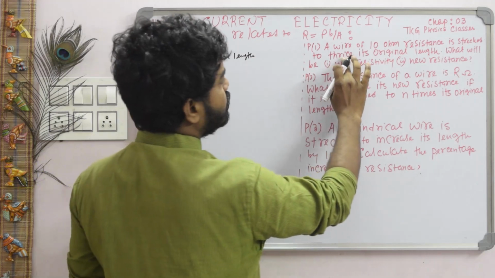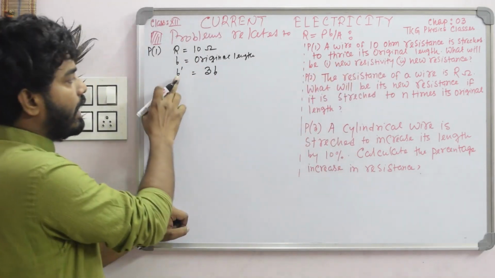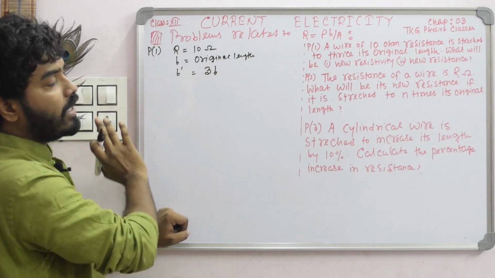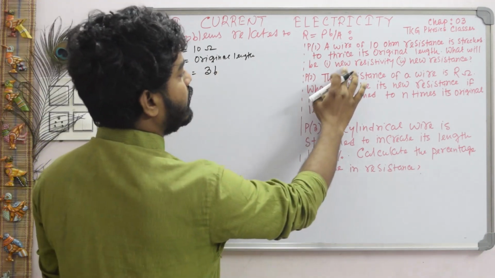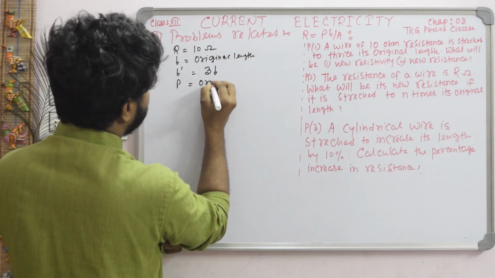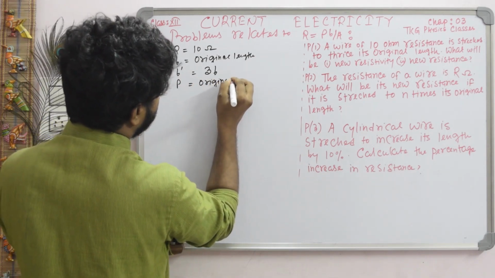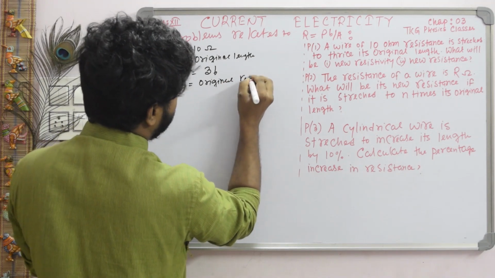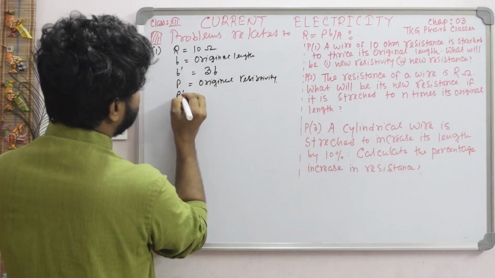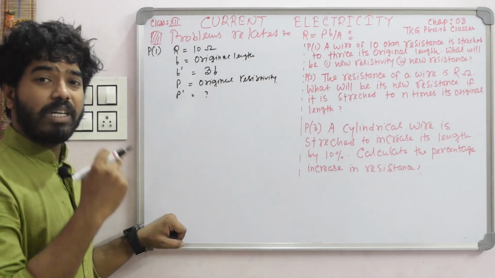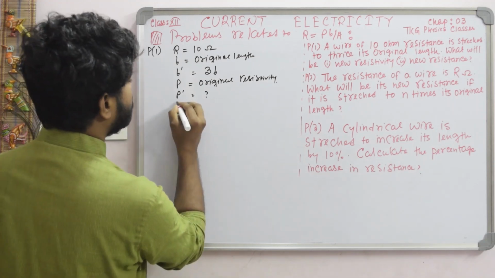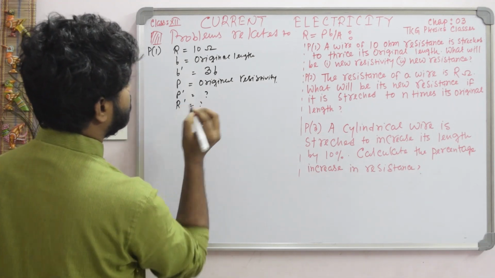L dash represents the final length, so L dash becomes 3 into L. Now you have to find the new resistance. Suppose rho represents the original resistivity, and rho dash represents the new resistivity. You have to find the new rho dash, and the new resistance, that means R dash.